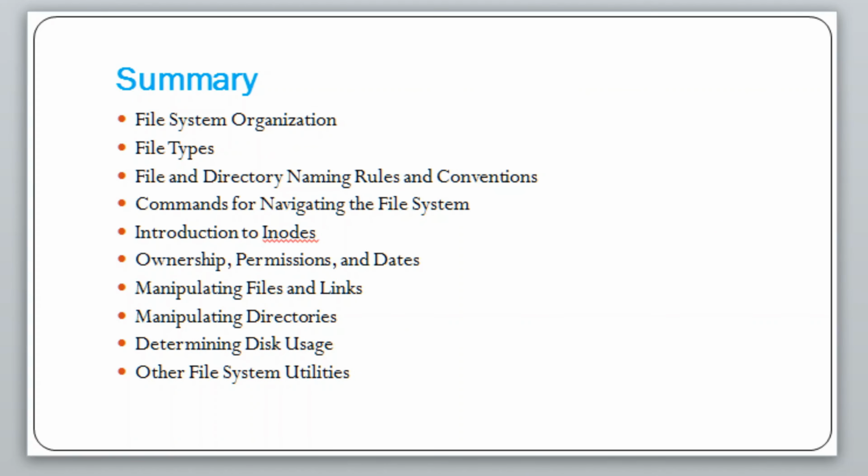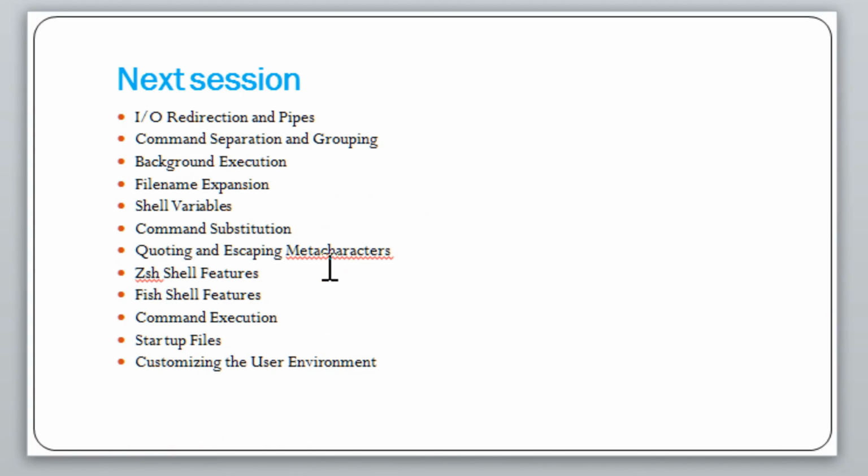So in summary, we went over file system organization, file types, file and directory naming rules and conventions, commands for navigating the file system, introduction to inodes, ownership permissions and dates, manipulating files and links, manipulating directories, determining disk usage, and other file system utilities.